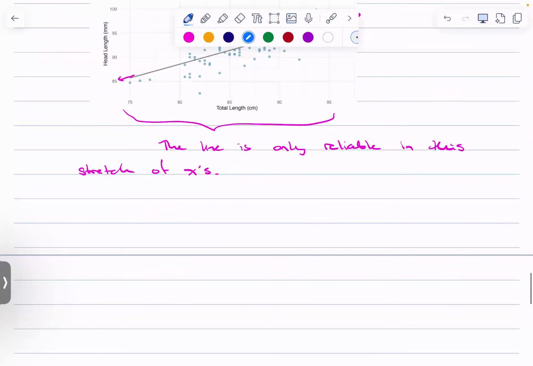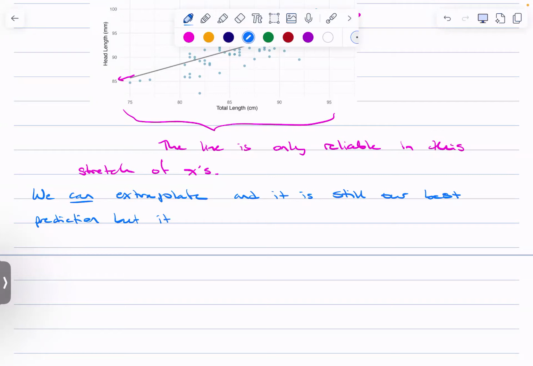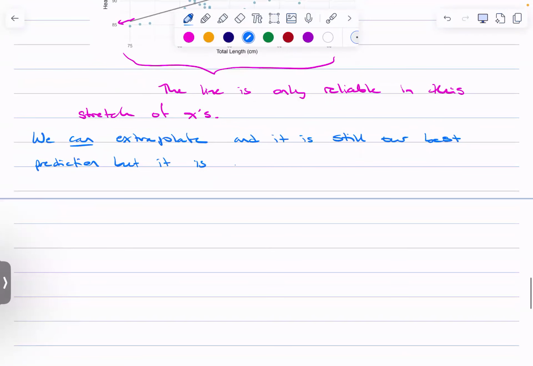And so we can extrapolate, and it is still our best prediction. But it is not a reliable prediction.